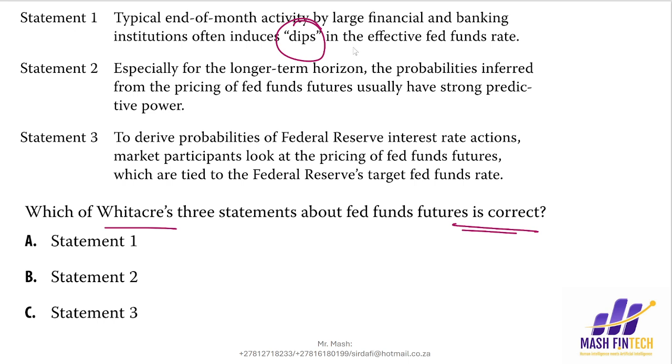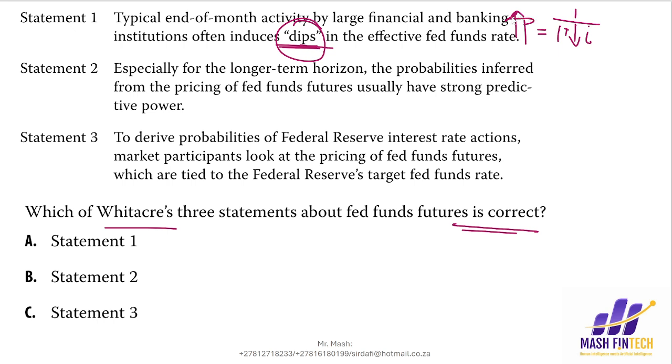It does. In the effective federal funds rate, EFF. Yes, it causes a dip. And what does this dip do? What are the consequences of this dip? Because they might give you a different statement. This dip is going to result in a fall in interest rates. And this fall in interest rates is going to raise the futures contract prices, because there's an inverse relationship between interest rates and prices.